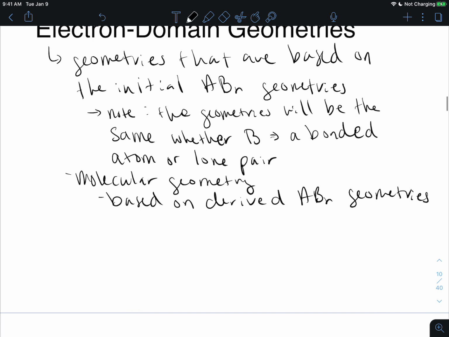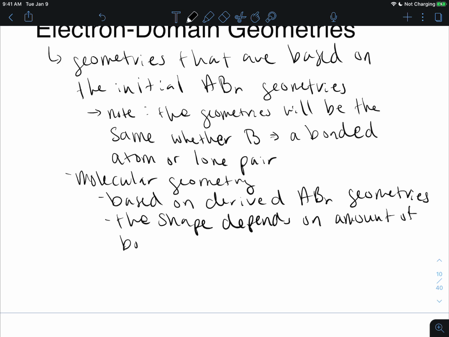Okay. So the shape depends on the amount of bonded atoms and lone pairs. With our electron domain geometry, we don't really differentiate between the two of them.